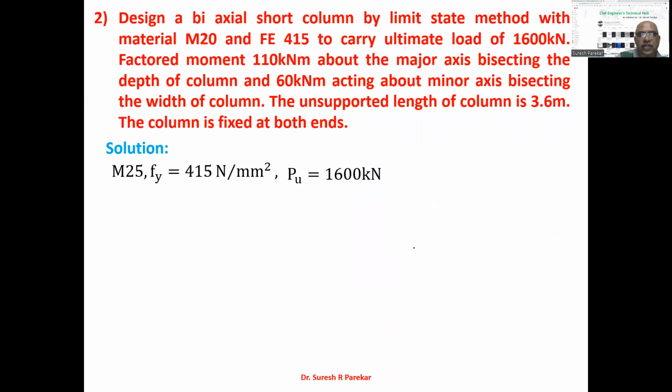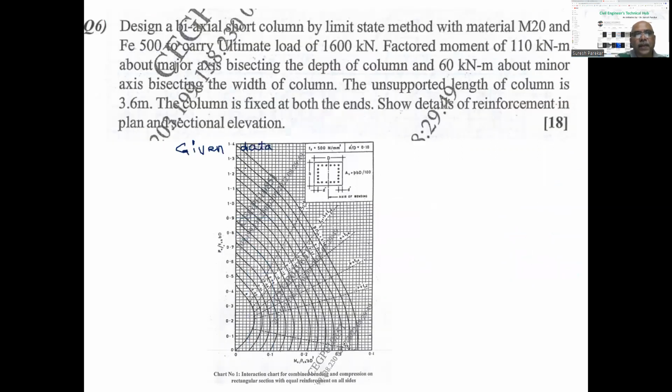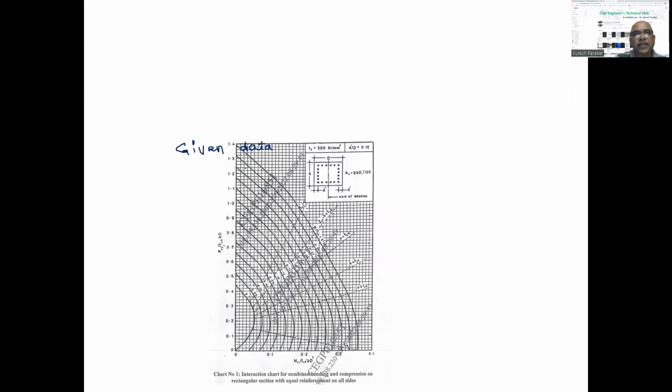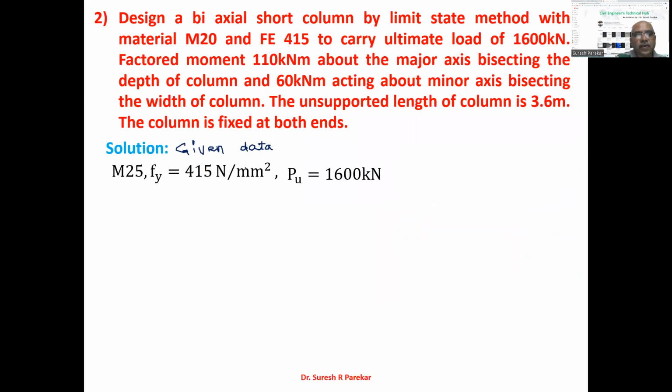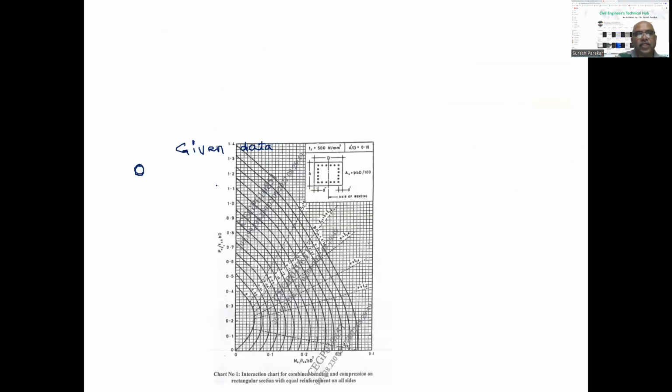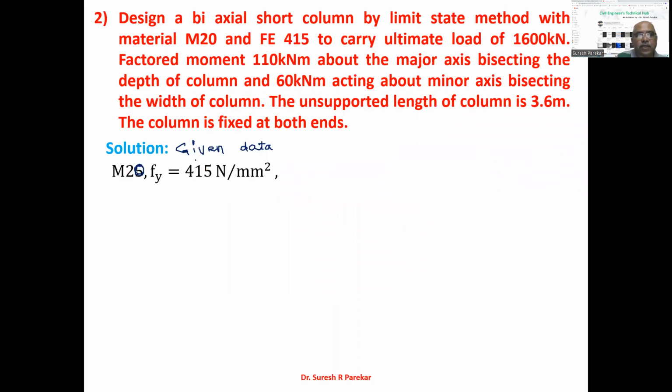We have given dimensions, so I have mentioned over here M25, but in the question paper we have M20, so it is actually M20, not M25. Then 415, but in the question paper we actually have 500. So we will go with 500.